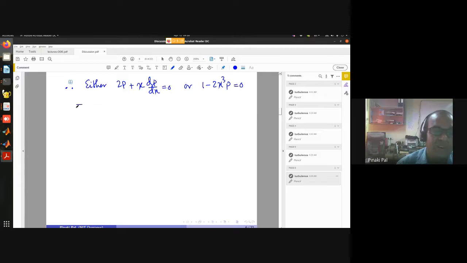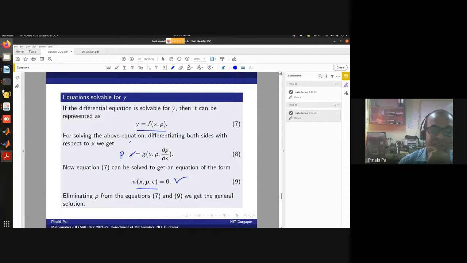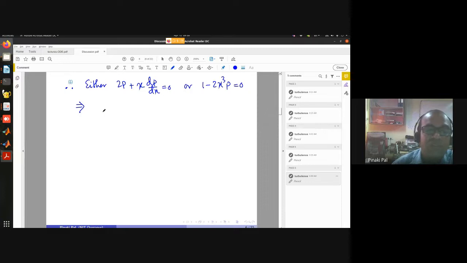Now from this first factor, you can solve for p, and you will get the equation number 9. You look at the theory, this one gives some function of x, p, c. You solve it, so dx/x plus 2p dp/2p, so we can take 2 over here, and dp/p equal to 0.